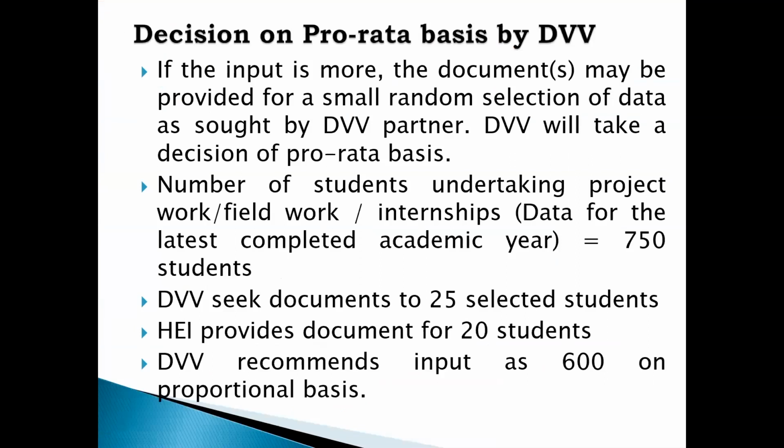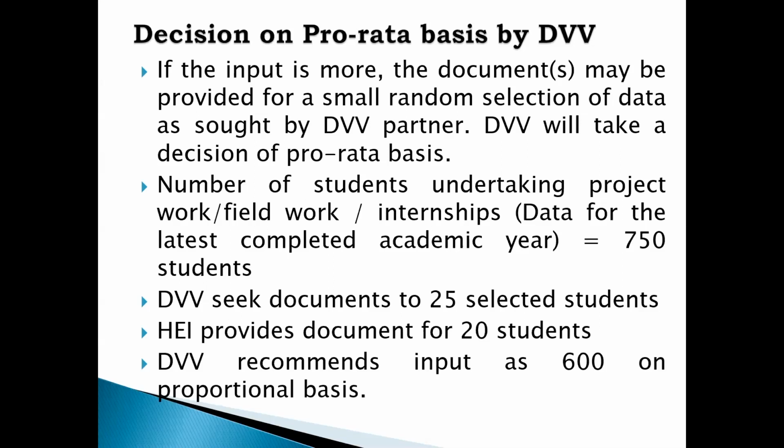Decision on a pro rata basis by the DVV. What is the meaning of pro rata basis? Sometimes the input might be more, but the documents may not be sufficient. Suppose you have uploaded around 800 or 900 documents pertaining to the students who have undertaken field projects. They will ask for the certificates of any 25 random students for different years.